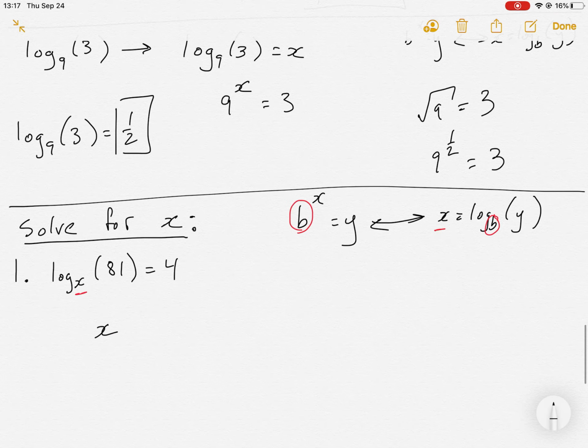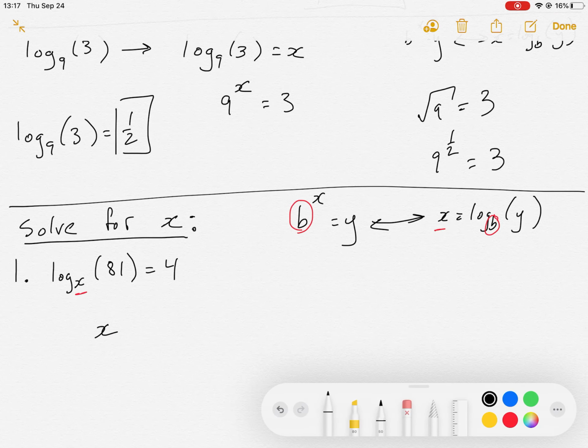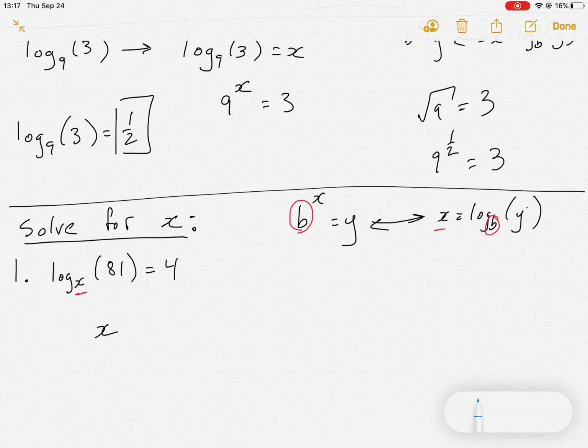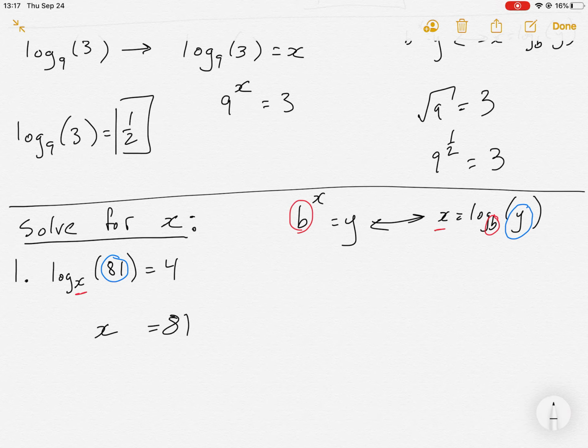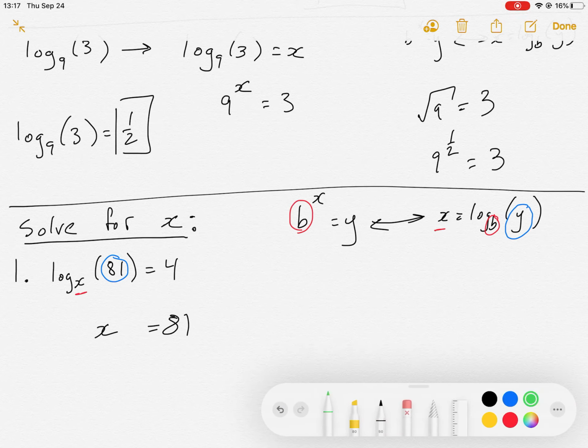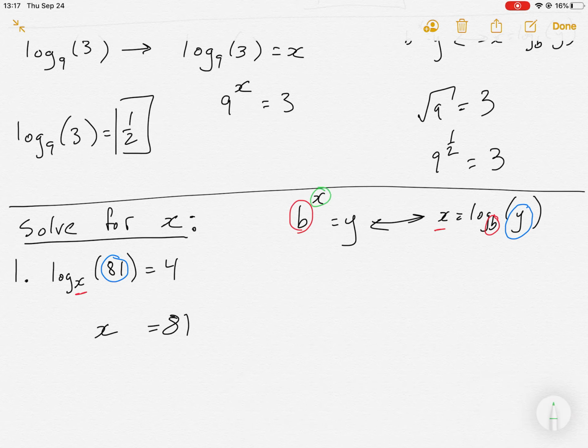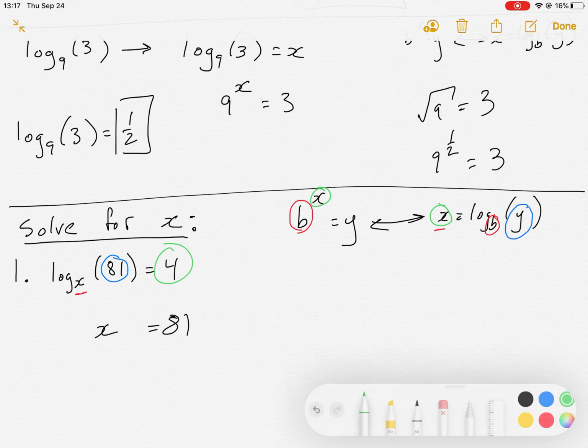It's going to be x. Now the y in this case is actually what's inside the parentheses here, so the 81. So we're going to have equals 81, and then the exponent, that's what's over by itself over here, so that's going to be the 4.